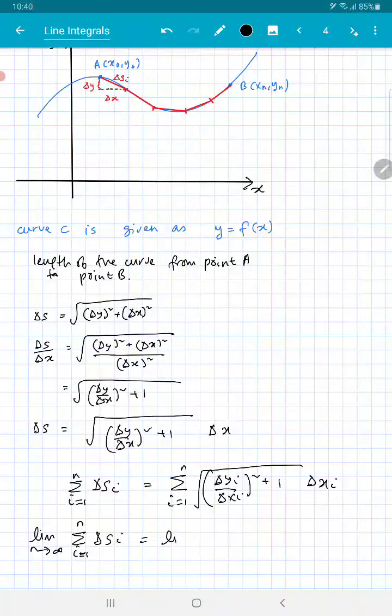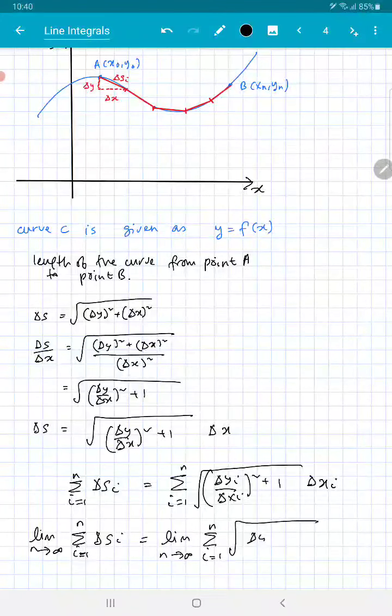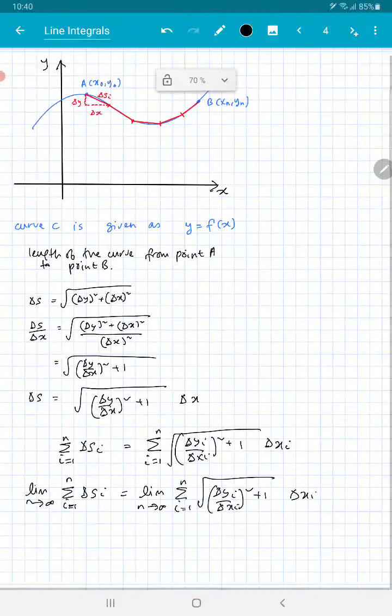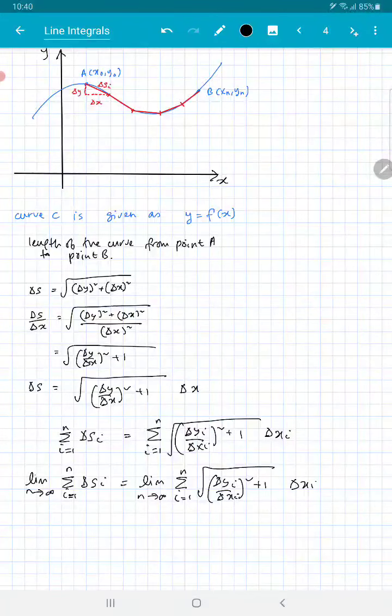We do the same thing on the right hand side: i from 1 till n goes to infinity, and here we have the square root of (delta yi over delta xi) squared plus 1, times delta xi. Now from Riemann summation, if we have summation i from 1 till n goes to infinity, then we can replace it with integration.